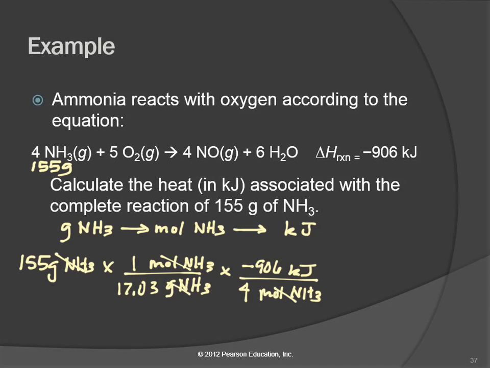So when I do this on my calculator, I've got 155 divided by 17.03 times negative 906 divided by 4. It's a big number. It's a big negative number. 2061.5 kilojoules.